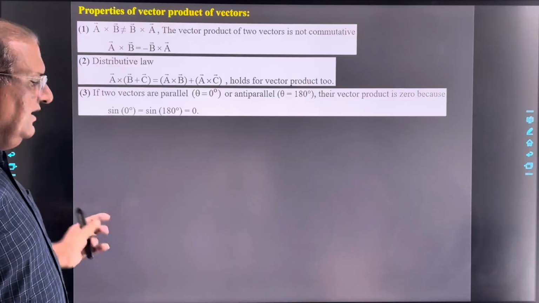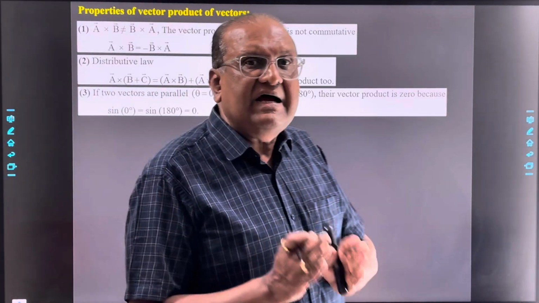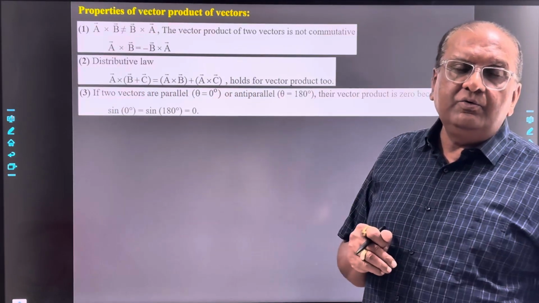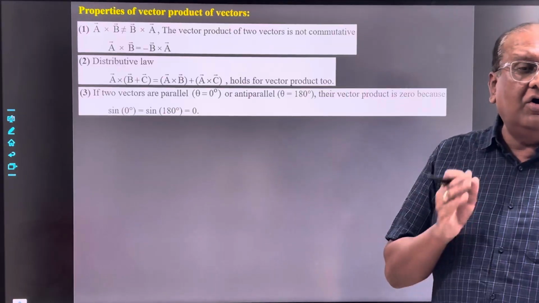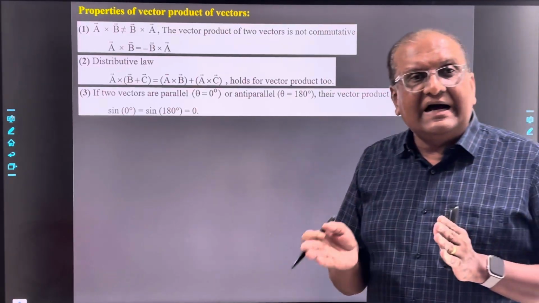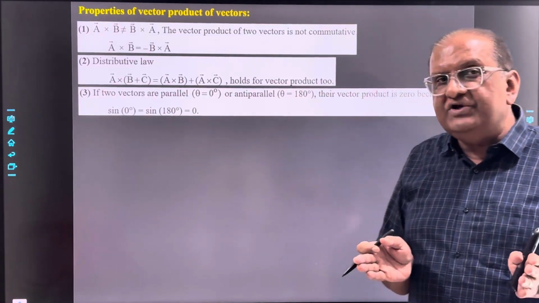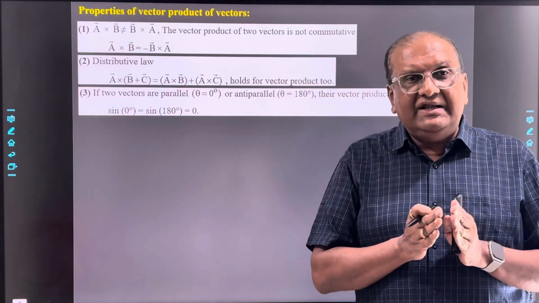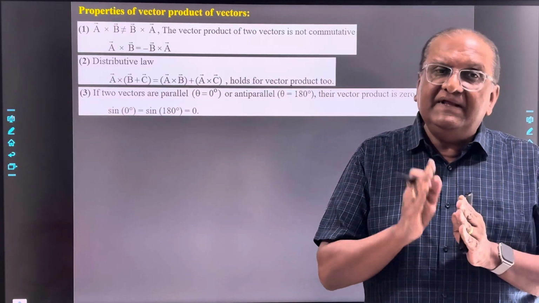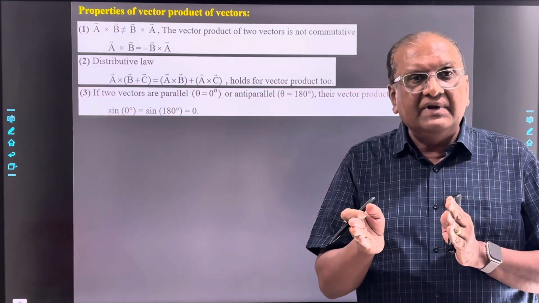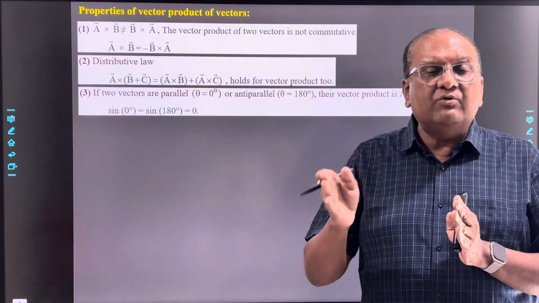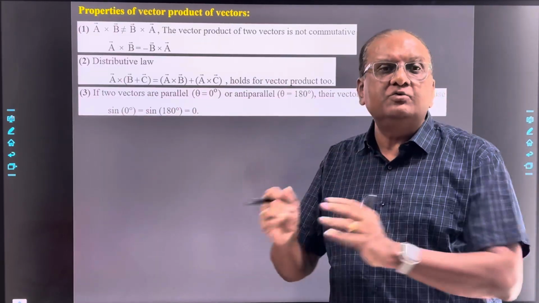Now, if two vectors are parallel to each other or two vectors are anti-parallel to each other, in that particular case, if parallel, then theta is 0. Then sine theta is equal to sine 0, that is equal to 0.